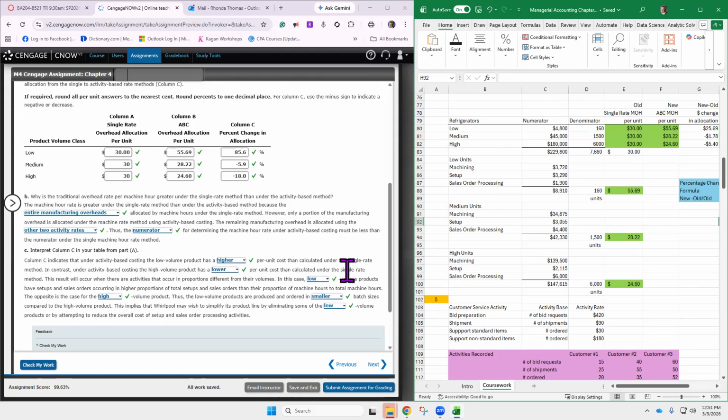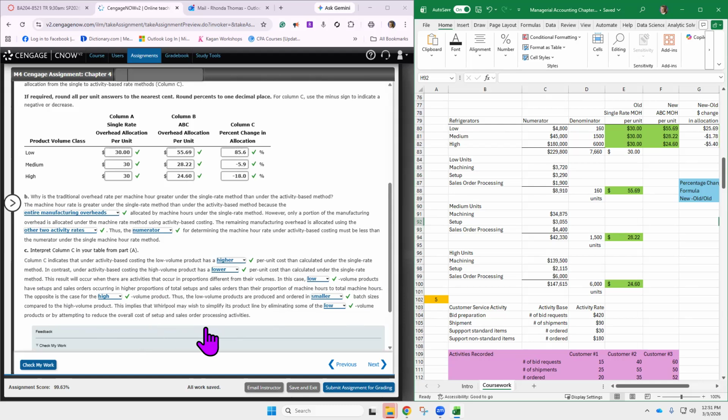Yeah, because the high volume has 6,000 units. So it would be different if they made all the same number of units. So they make quite a bit different volume. Thus, the low volume products are produced and ordered in smaller batch sizes compared to the high volume product.